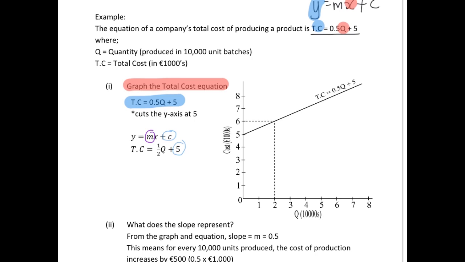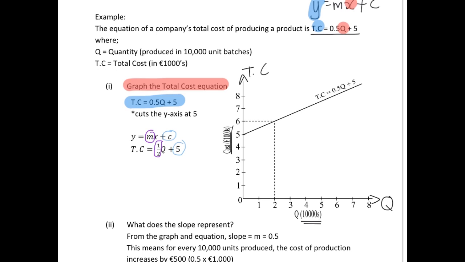In general, our x is Q, so the number in front of Q, which is a half, is our m, our slope. So once we know that, we can plot a graph, but instead of x and y, we have Q, which is in tens of thousands, and we have TC, which is in thousands of euro.